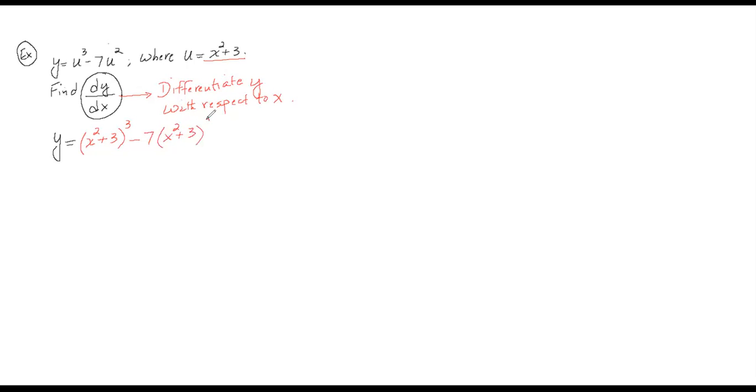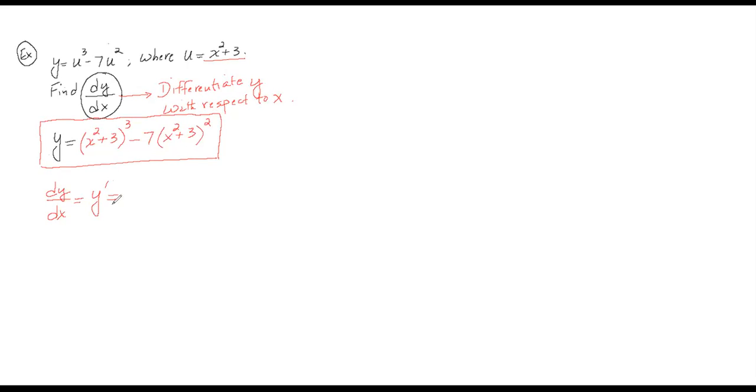So now your y is a function of x. You should be able to do the derivative at this point. Okay, so I'll let you do the derivative part, and let's see what you're getting for your answer.